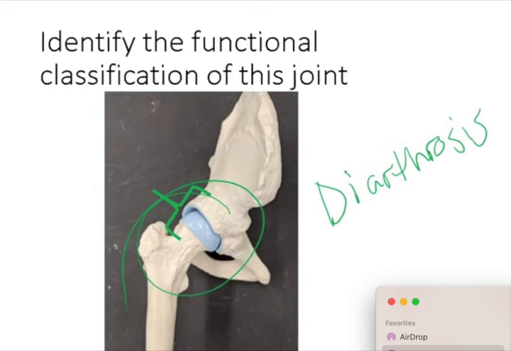Synarthrosis, no movement. Diarthroses can be in different positions. You can move them in different positions. Synarthrosis, they're always in the same position.